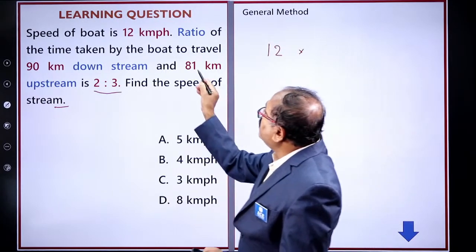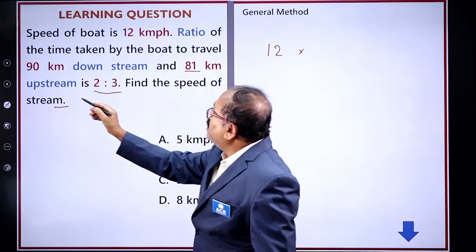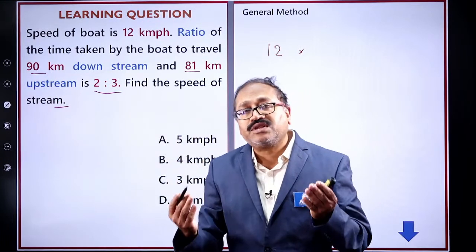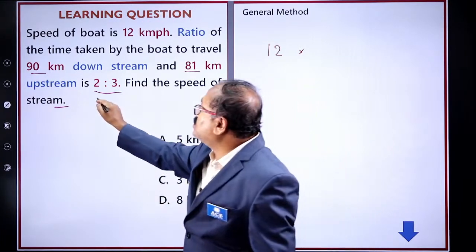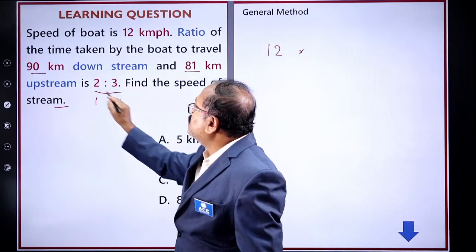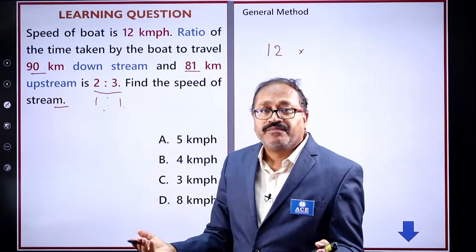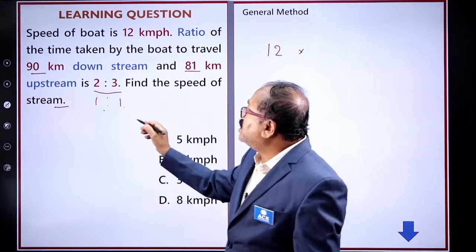Now, am I directly taking the difference of 81 and 90? No. Previously, we did it because the time ratio was 1:1. So 1 into 90 is 90, and 1 into 81 is 81. But in this case, the ratio is different.